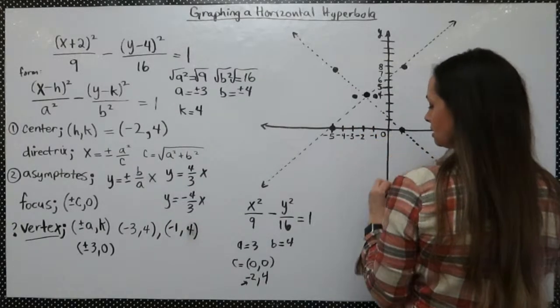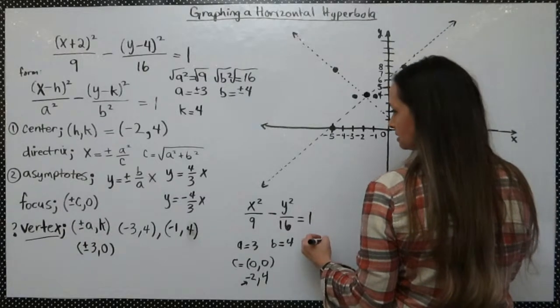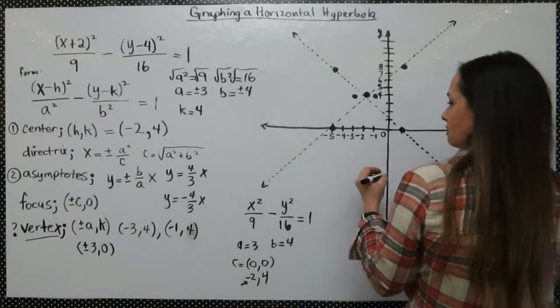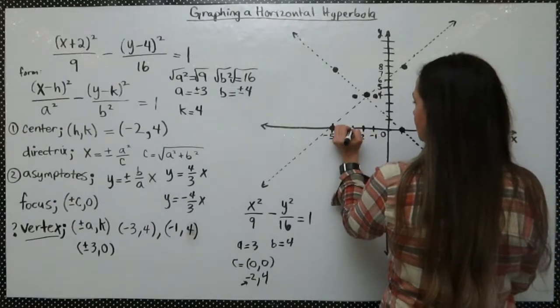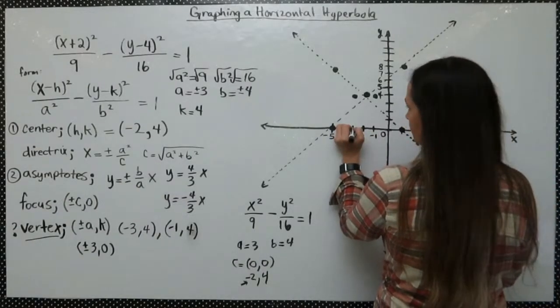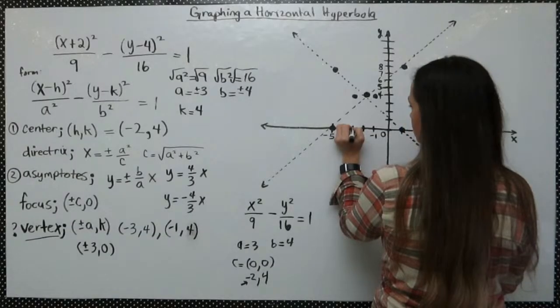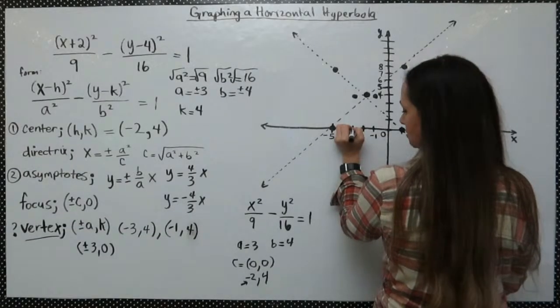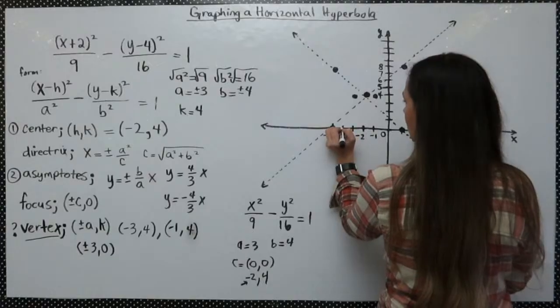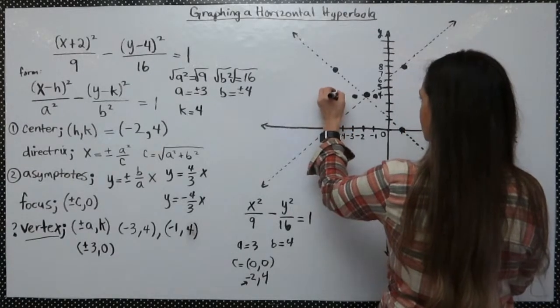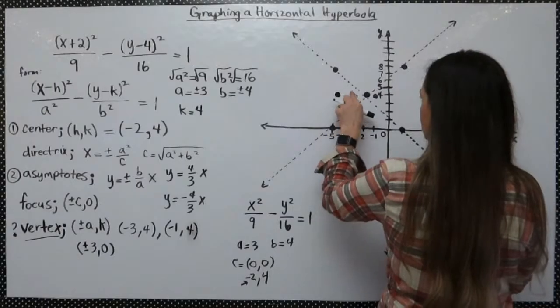So then if I had vertices that were supposed to be at negative 3, 0, then I shifted them over 1, 2, and up 4, it would put them here, not there.